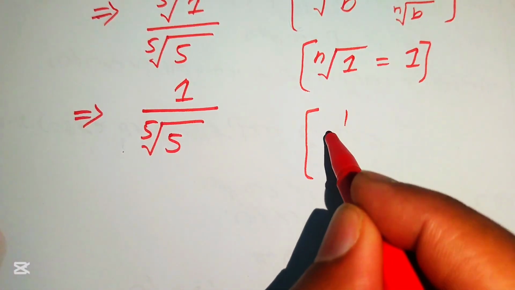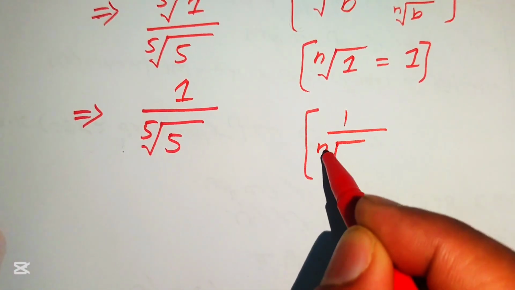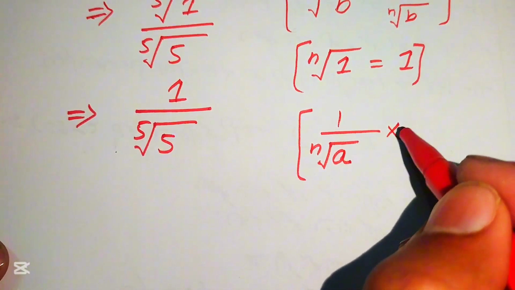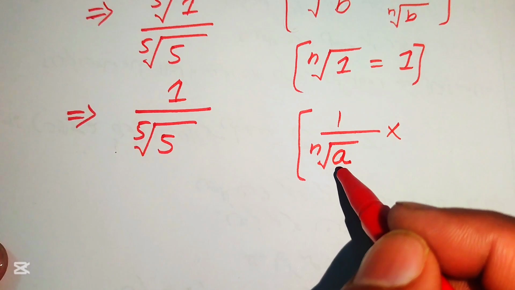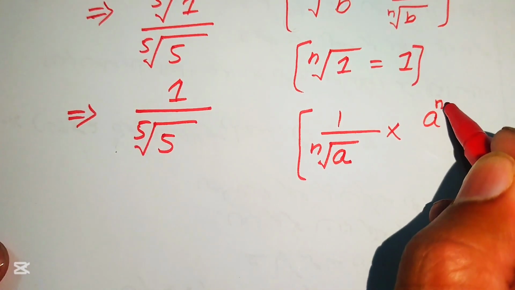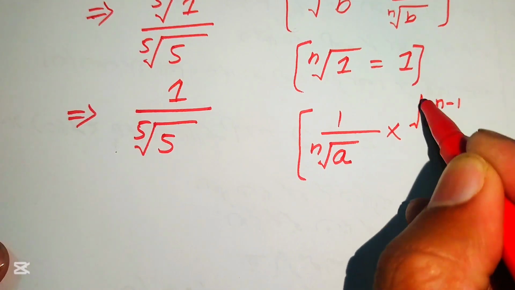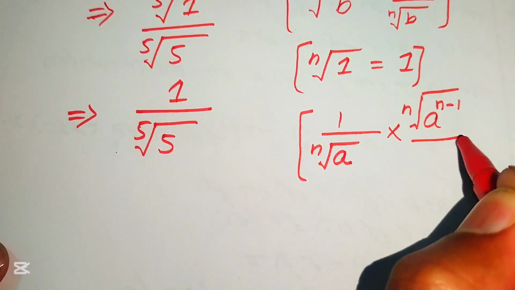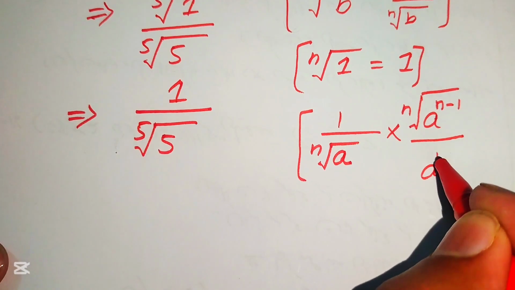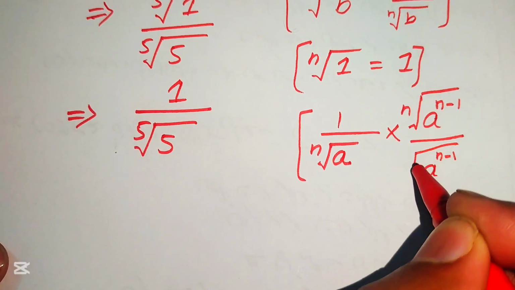You know that if we have 1 over the nth root of a, it is legal to multiply this value by the nth root of a to the power of n minus 1, divided by the nth root of a to the power of n minus 1.